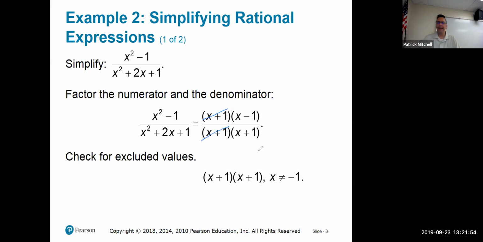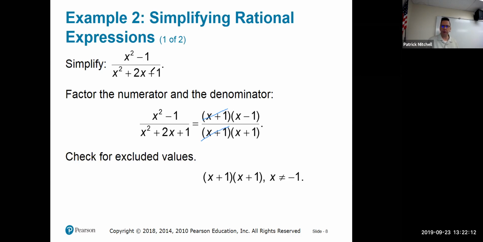All right. Now, what they're saying is in the original expression, the denominator is equal to x plus 1 times x plus 1. So, of course, the number -1 is not in the domain of the original expression. Okay.